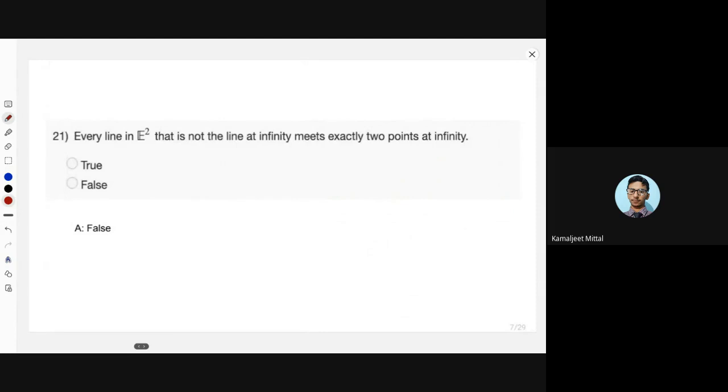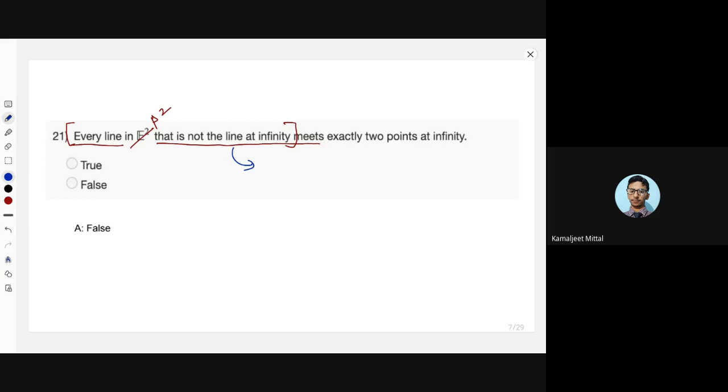Now let's move on to the next question. Again, this is P2. Every line in P2 that is not the line at infinity meets exactly 2 points at infinity. In this sentence, look at this phrase: I am looking at lines which are in R2 only.